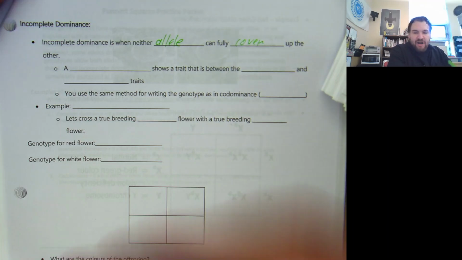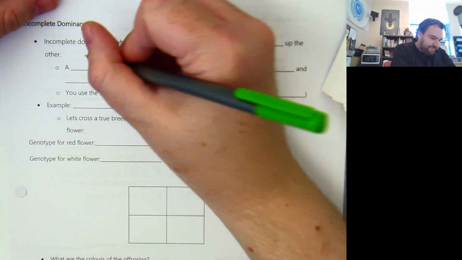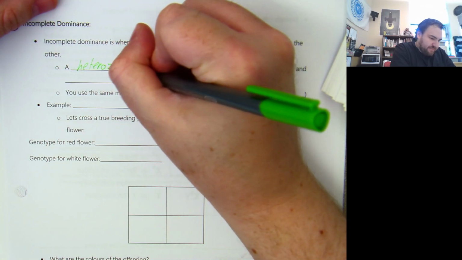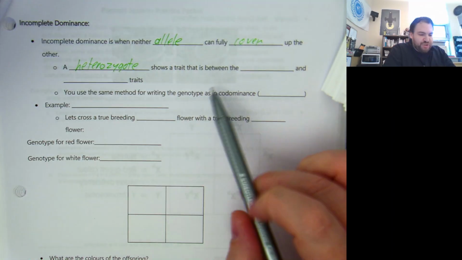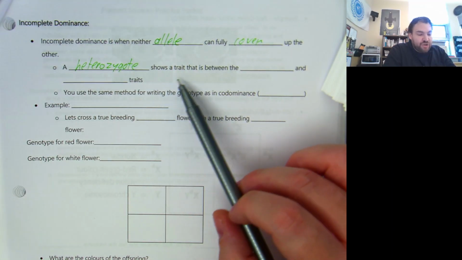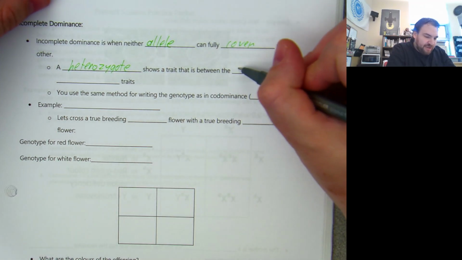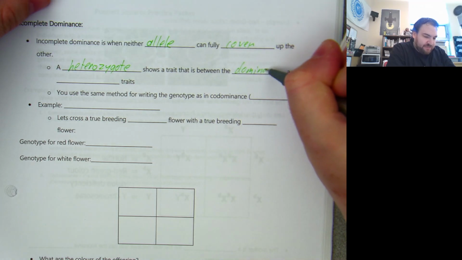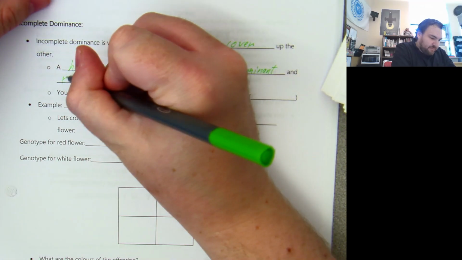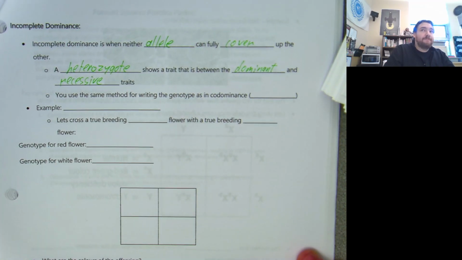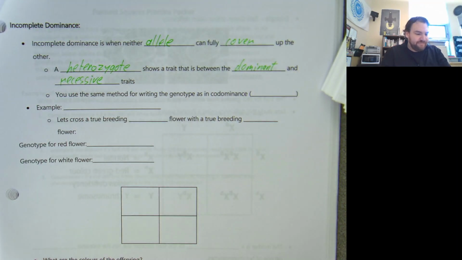So if you're incompletely dominant, someone who is heterozygous shows a trait that is somewhere in between the dominant and recessive traits.